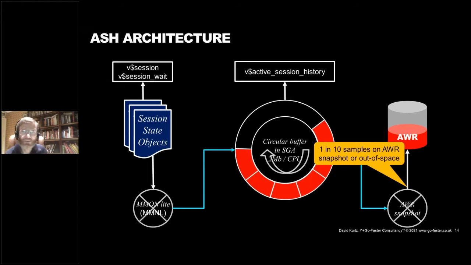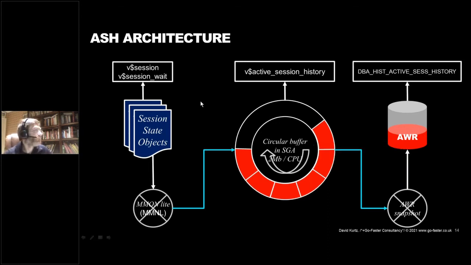And that's how your data gets to DBA_HIST_ACTIVE_SESS_HISTORY. And this process was designed to be light and simple and not get in the way of doing your processing. And then finally, your AWR data is exposed through this view.